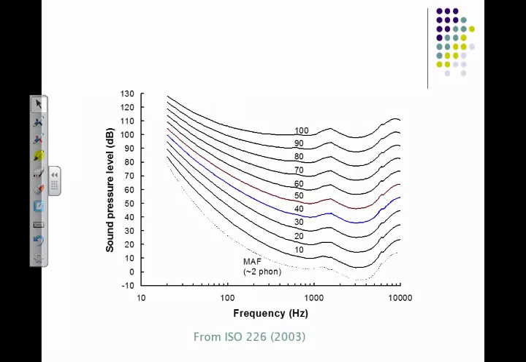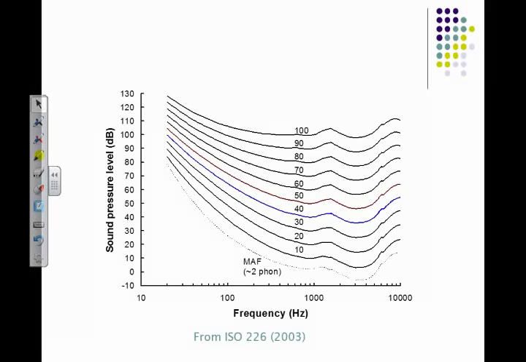We can extend that. There's an ISO for that. We can extend that 40 decibel or 40 phone level to any level. This is the hearing threshold level, obviously 0 phone, up to 100 phone, and these curves look a bit like that.